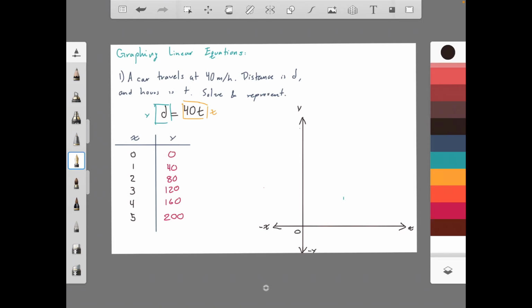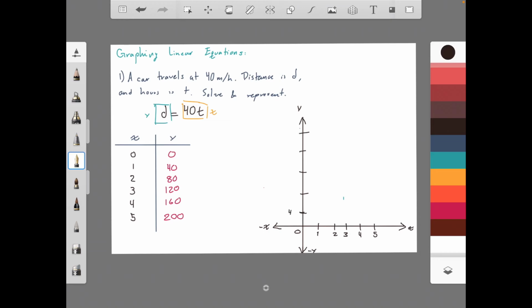So this is 0, and let's say that this is 1, 2, 3, 4 and 5, and this is 40, 80, 120, 160, 200.